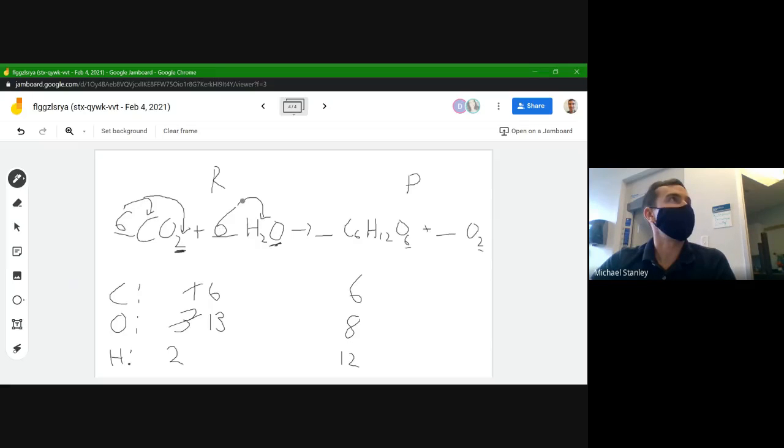So now we have 6 times 2 is 12 H's on our reactant side. The 6 still affects this O right here. So now we have to look at the total number of O's.